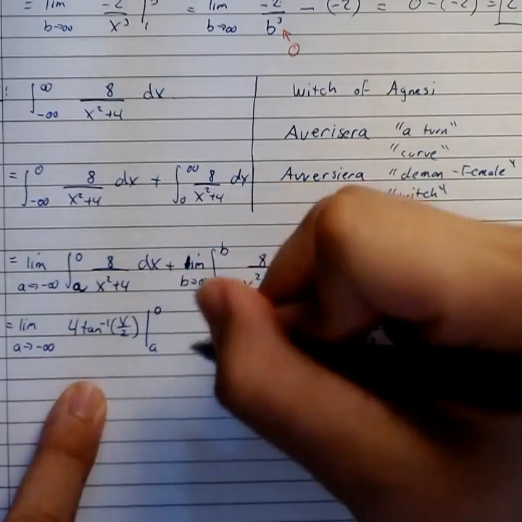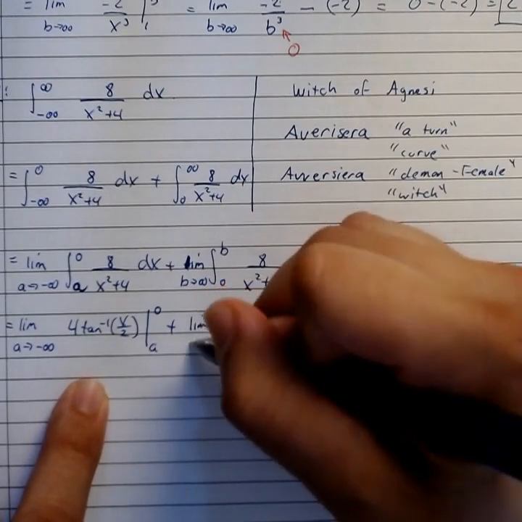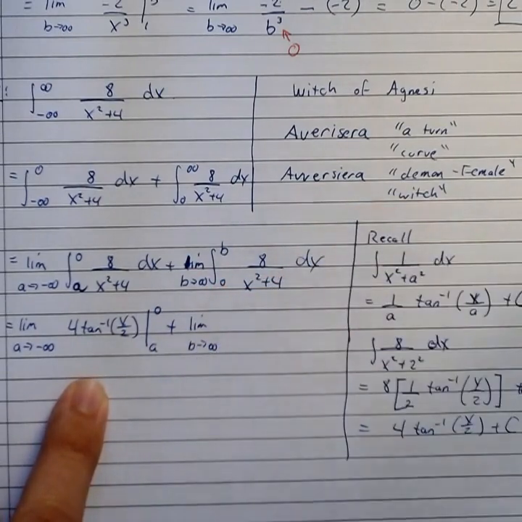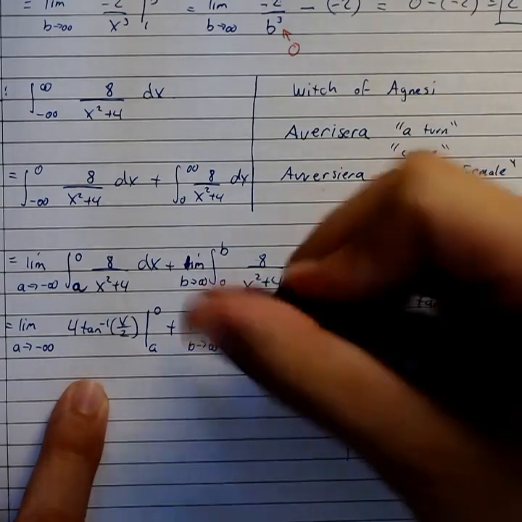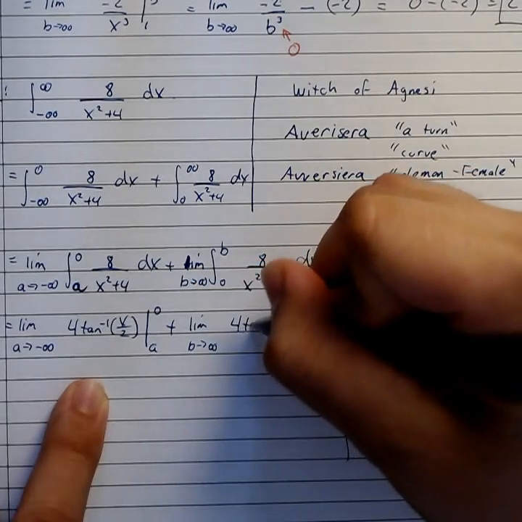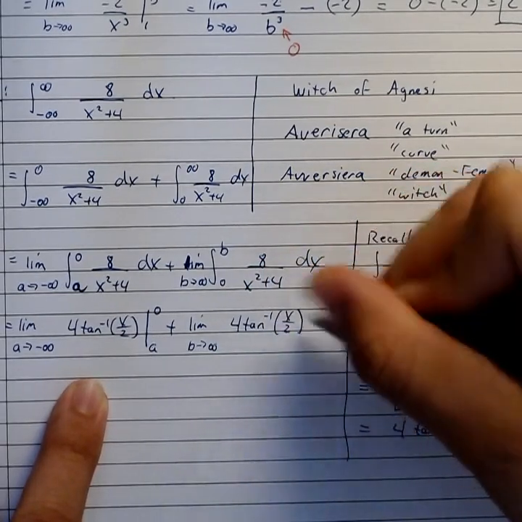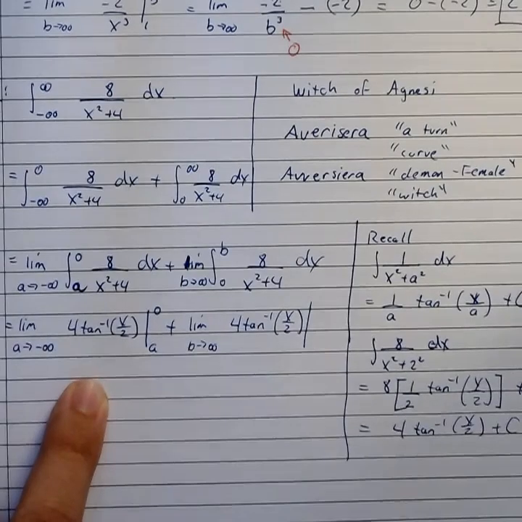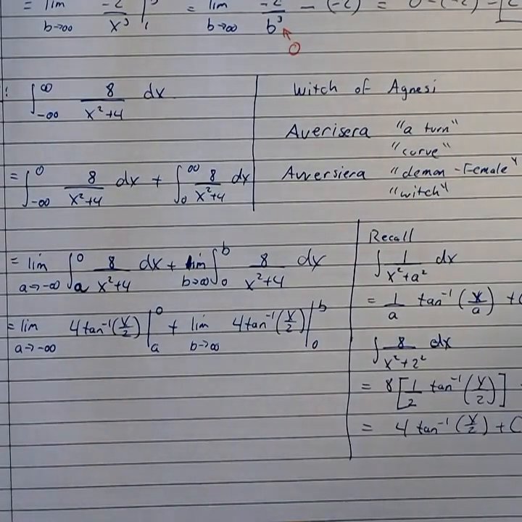And this is from a up to 0. Plus, we're going to take the limit as b approaches positive infinity. Again, we have our antiderivative, 4 times inverse tangent of x over 2 from 0 up to b, just like that.